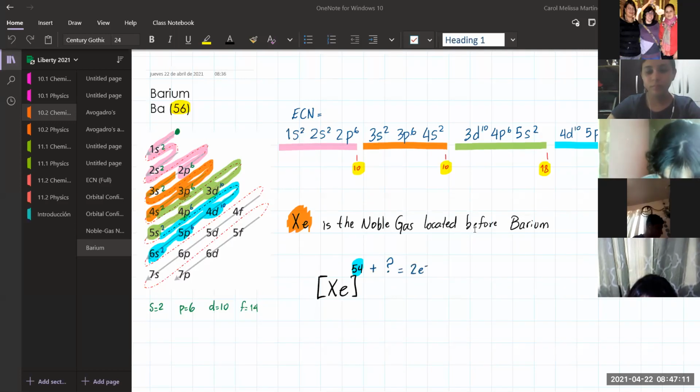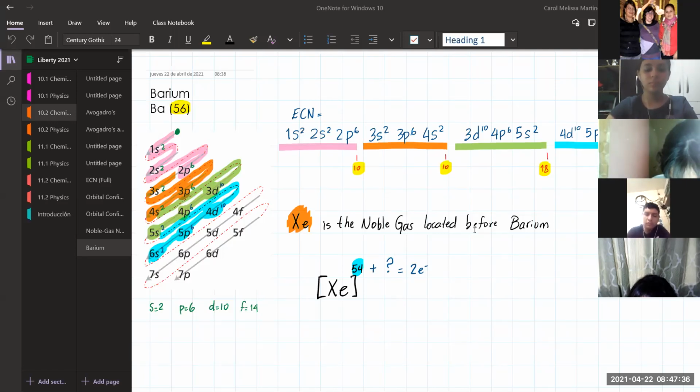So I'm going back to my electron configuration, and at this point I will begin from the very end. I will start to count electrons from the end, and backwards.